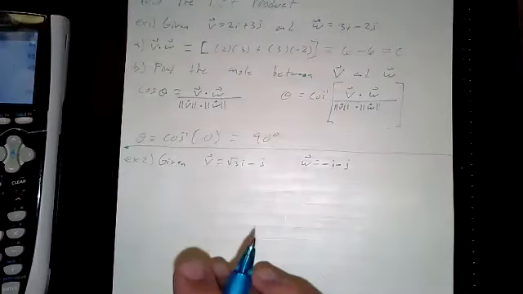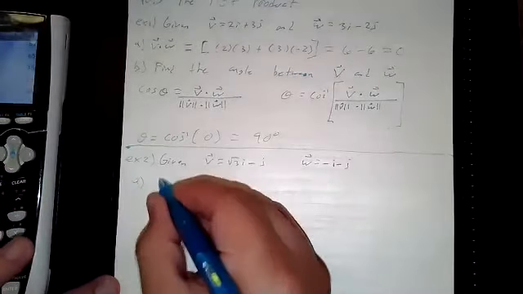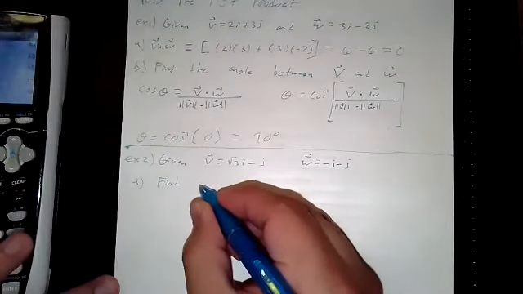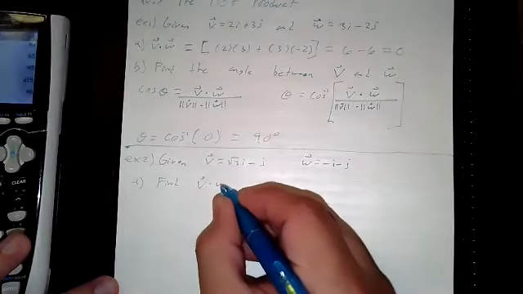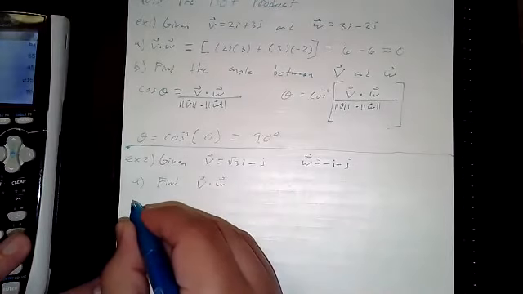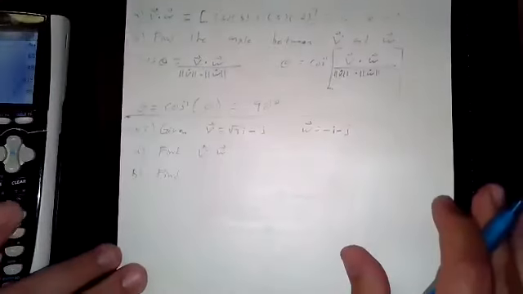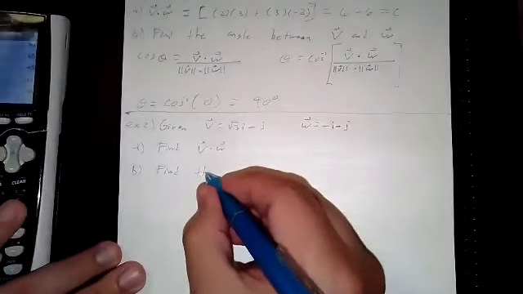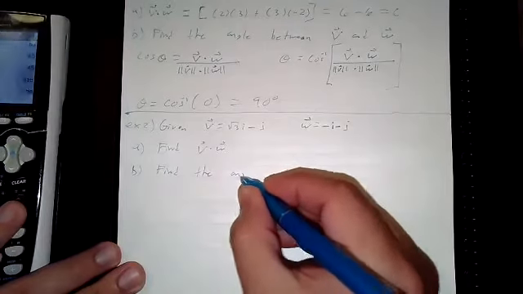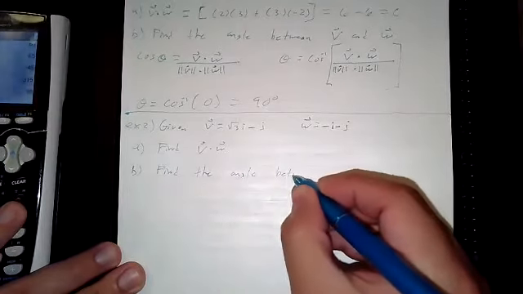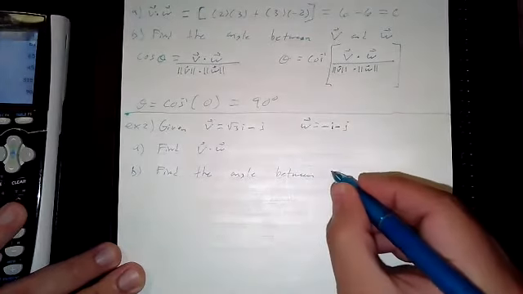We'll do it one more time. Part A, find V dot W. Part B, find the angle between V and W.